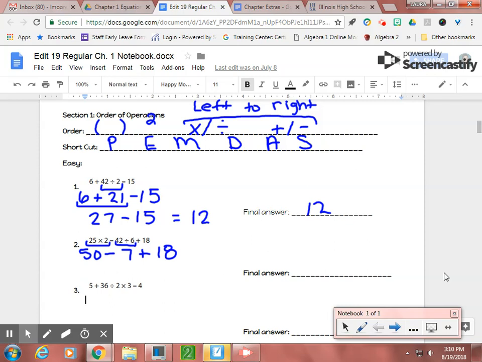You could definitely do those in two different parts, but you don't need to because they're both in the same part of our order of operations. So now we're going to go left to right. You would definitely mess this up if you would do the addition first, so we don't want to do the addition first. We want to go left to right. So we have 43 plus 18, and then 43 plus 18 is 61.